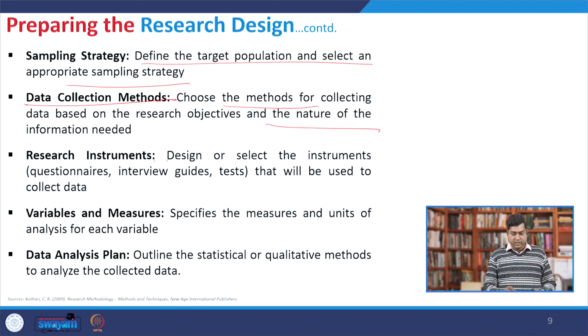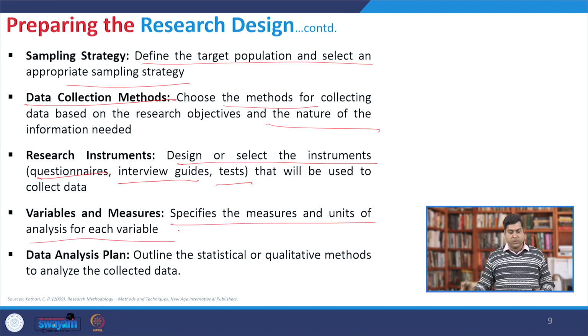Research instrument: design and select the instrument. It may be a questionnaire, a structured interview, or a test. If we want to target some experiment, then we have to go for testing that particular experiment. Then it is important to understand the variables and measures of our research: what factors are we going to investigate, what kind of variables, factors, attributes.